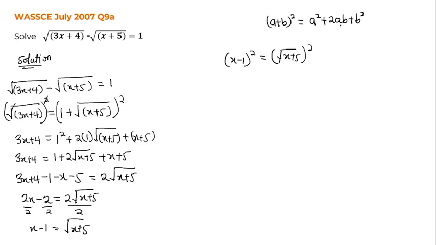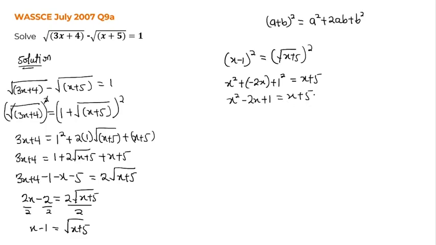With this expansion still in mind, here I have s squared plus into bracket negative 2s plus 1 squared is equal to s plus 5, to get rid of the root. So I have s squared minus 2s plus 1 is equal to s plus 5.